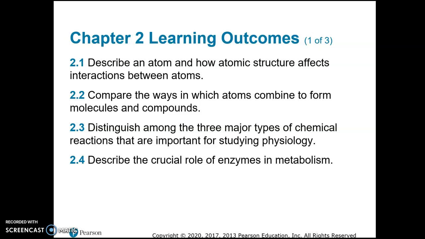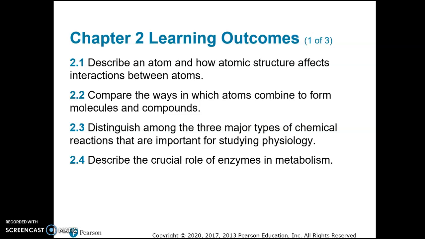So these are the learning outcomes for the chapter. We will first talk about atoms and then the particles that make up atoms, the structure of atoms. And then we will go on to 2.2 and we will talk about how atoms combine to form molecules and compounds.